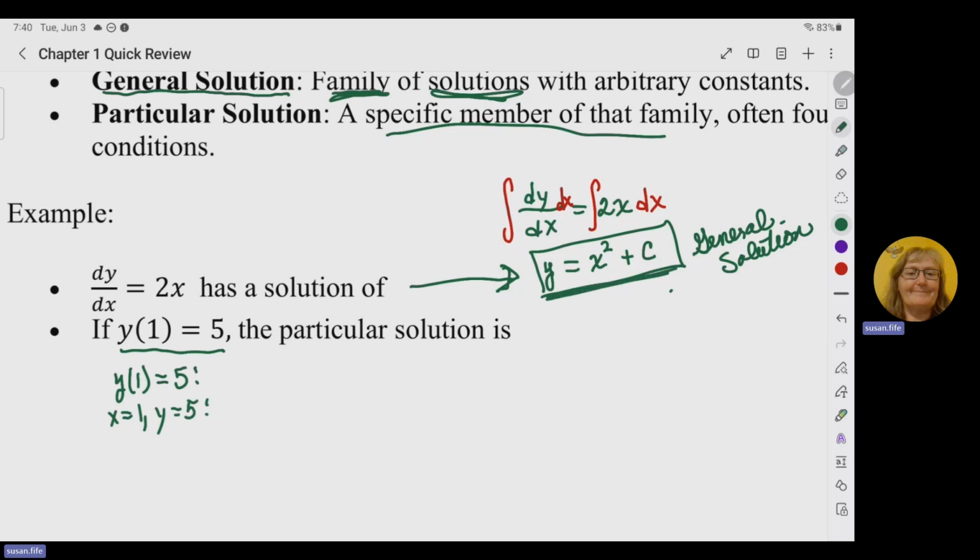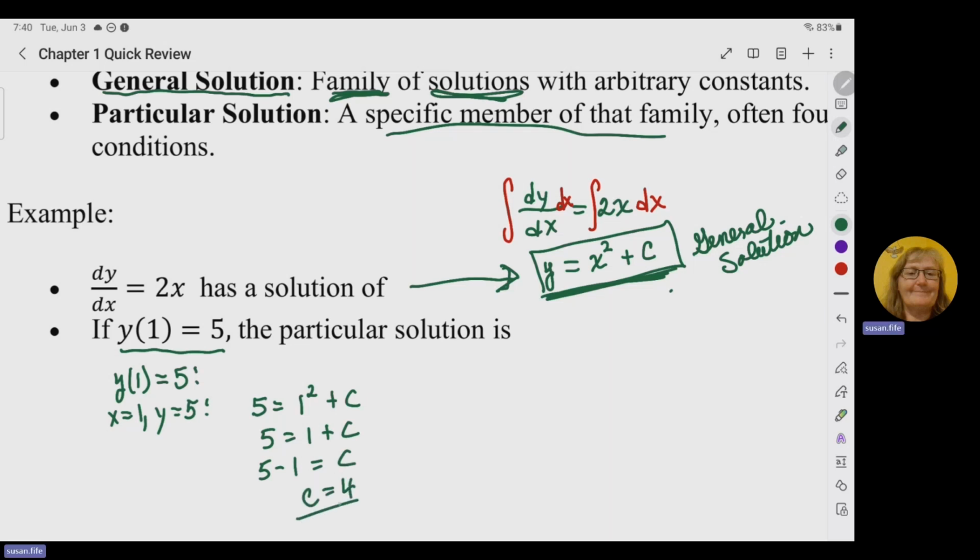And I'll substitute into my equation to get 5 equals 1 squared plus c, or 5 equals 1 plus c. Subtract 1 from both sides, and you get c is equal to 4.